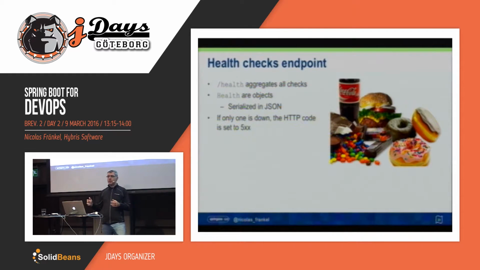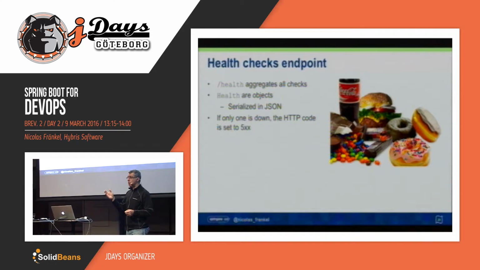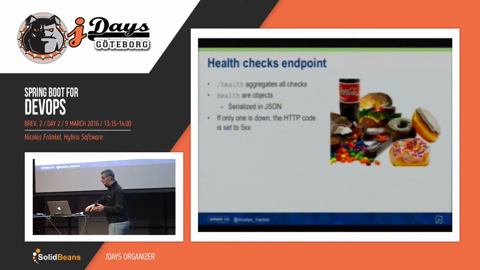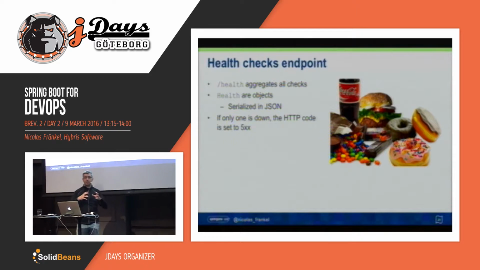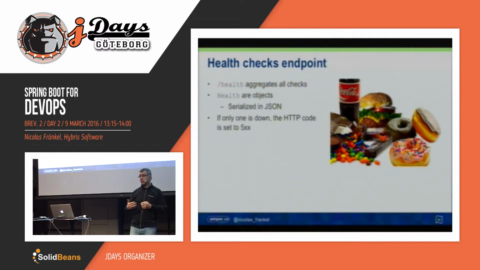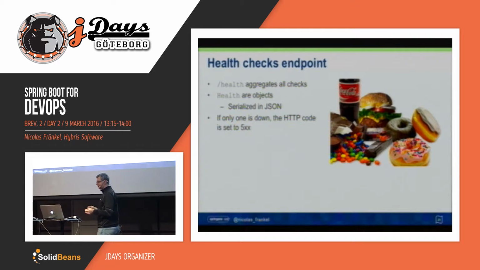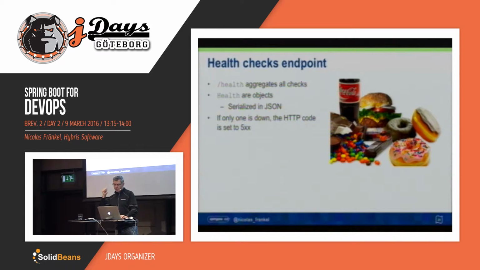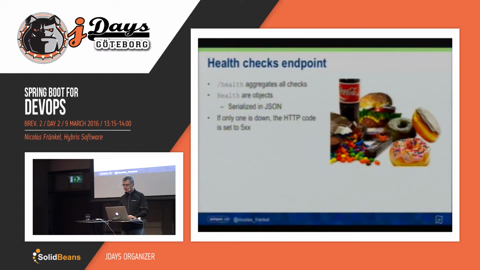At the end, you will go to the health endpoint, and the health endpoint will query all the health objects inside your Spring context and aggregate them. If at least one is down, your application will be marked as down, and it will be serialized into JSON, and it also manages the HTTP code.